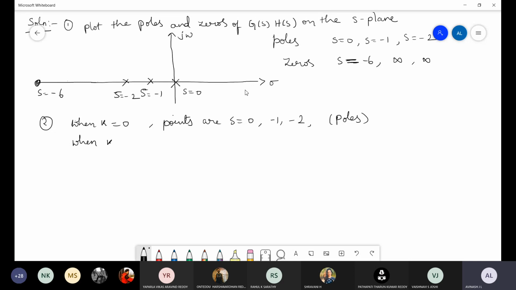Similarly, when k equals infinity, the points to be considered are s = -6, infinity and infinity. These are called zeros. So the branches of the root locus start from a pole and end on zeros.